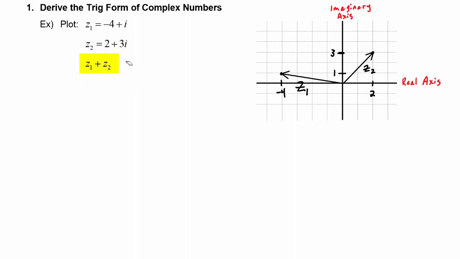We are also going to plot z1 plus z2. Now, if we go ahead and do that arithmetic, we add up the real parts, so -4 plus 2 is -2. i plus 3i would be 4i.